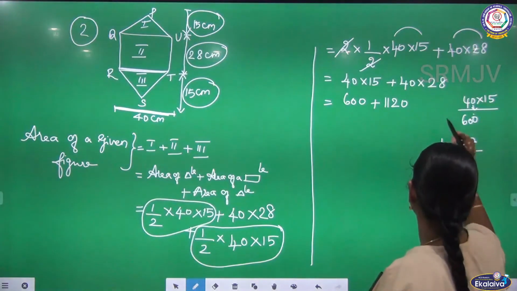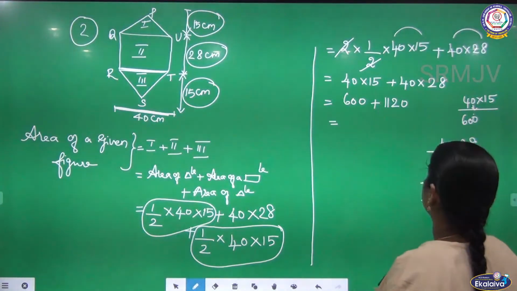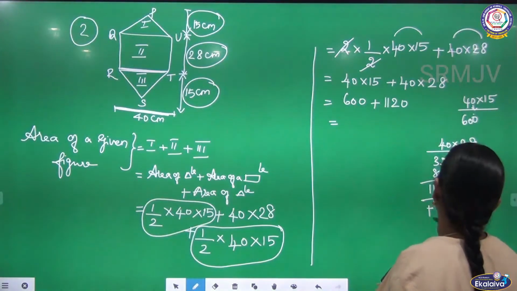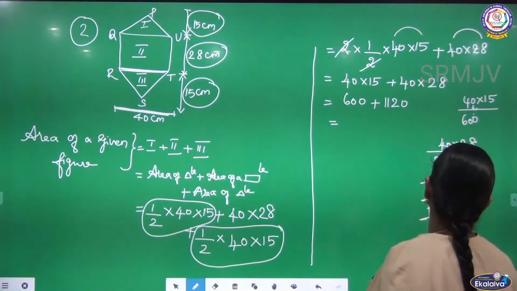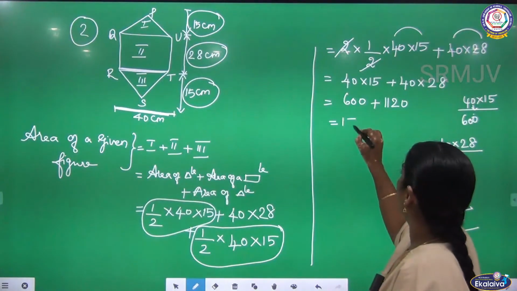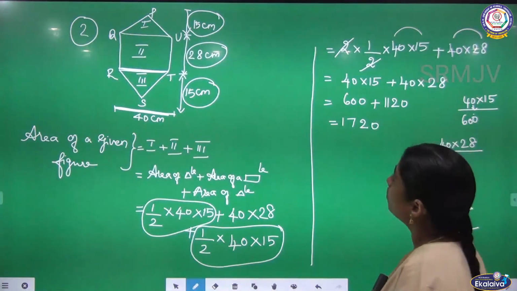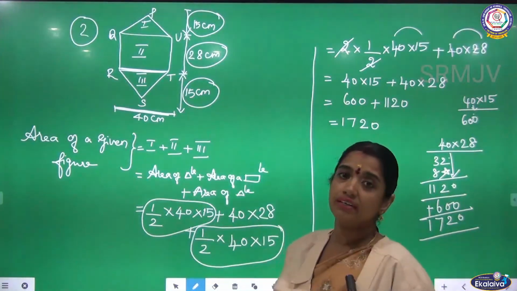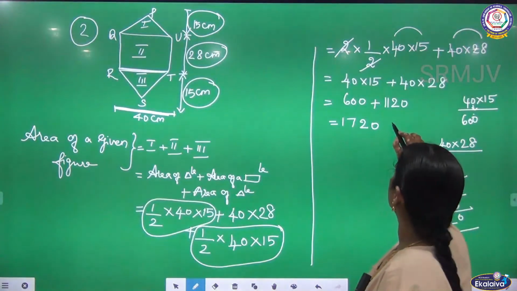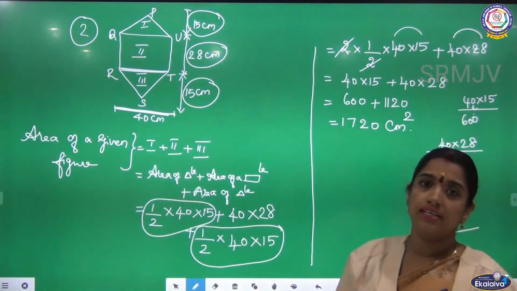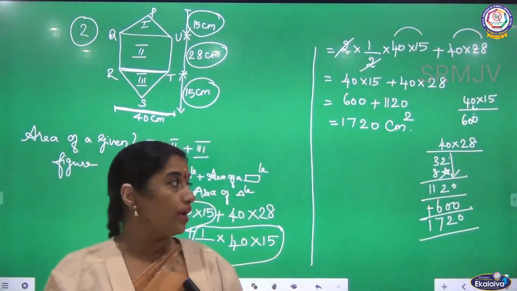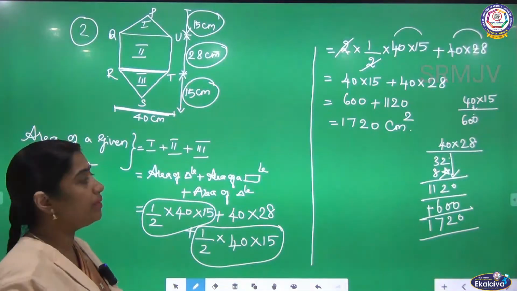Okay. Now I can add this. When I am adding this, 0, 2, 7, 1. So 1720. What is the unit given here? Centimeter. So for area the unit should be centimeter square.